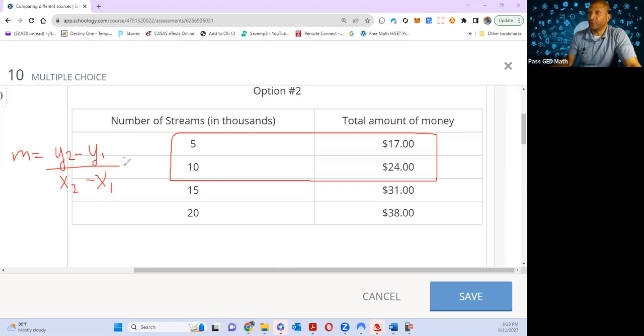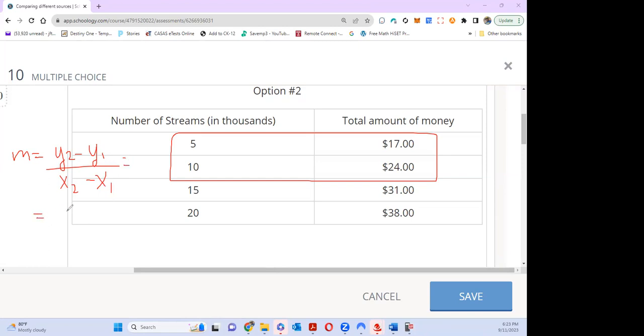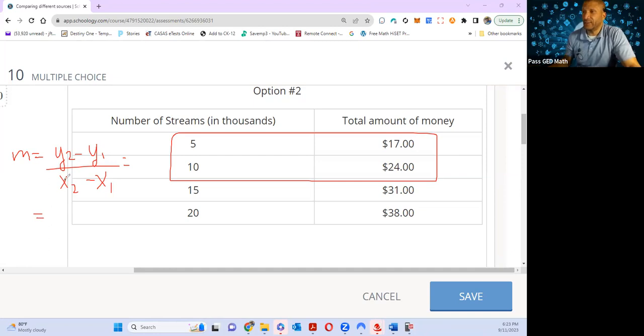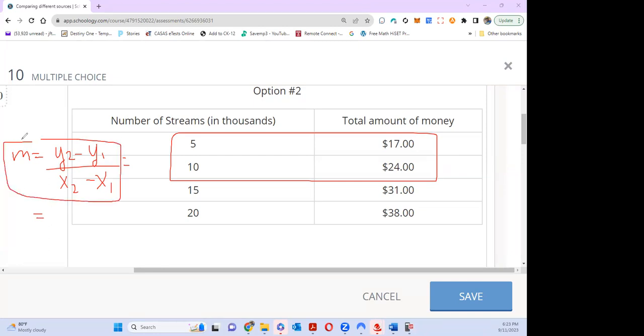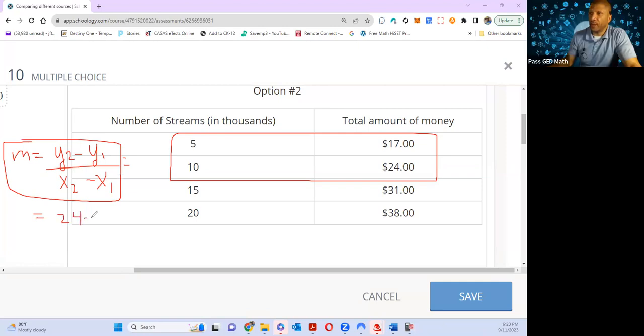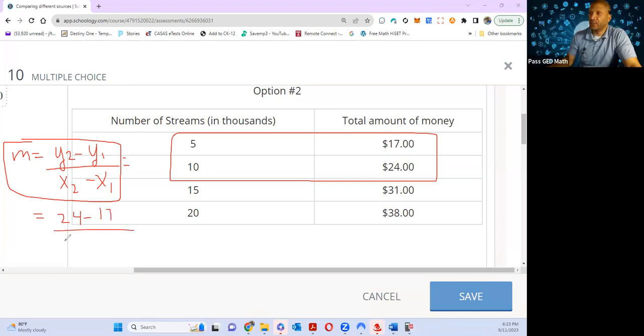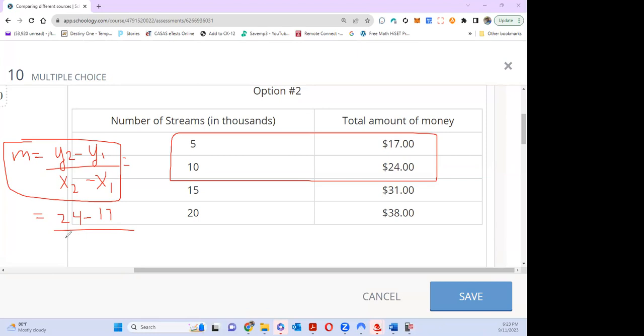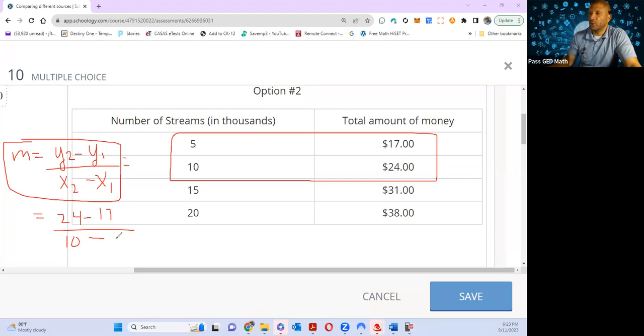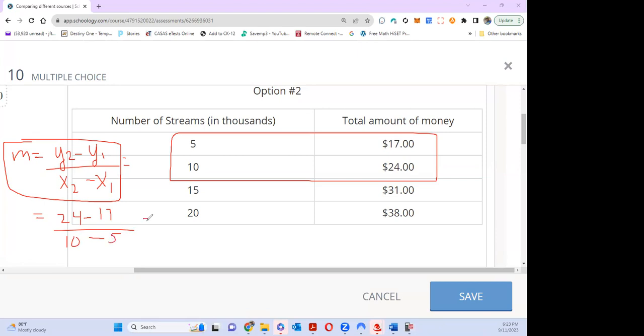What is y2? y2 is 24. Look at your formula. 24 minus what? y1, which is 17. What's x2? 10. And x1? 5.